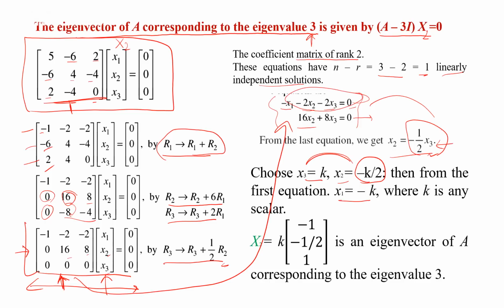So this vector x2, we take k as common, we write minus 1, minus 1 by 2 and 1. So this is an eigenvector of A corresponding to the eigenvalue 3.